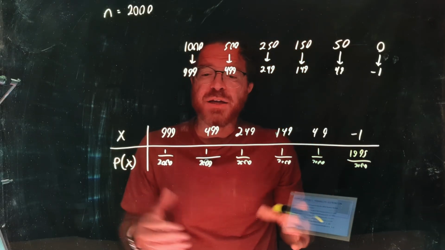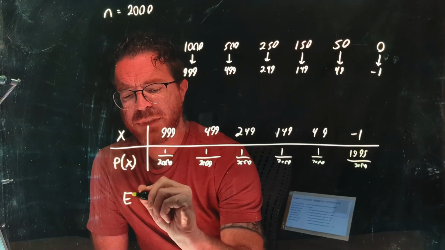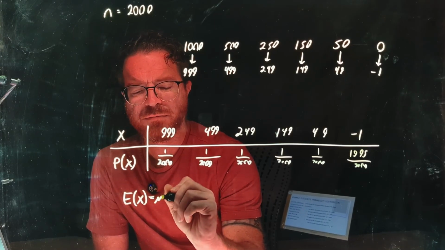So to find the expected value of this, I would just take expected value of X, which is equal to mu.